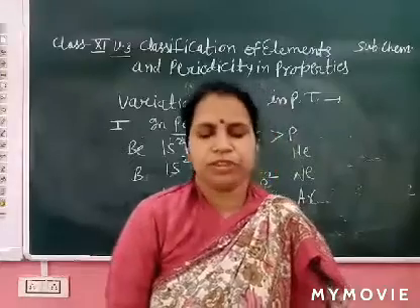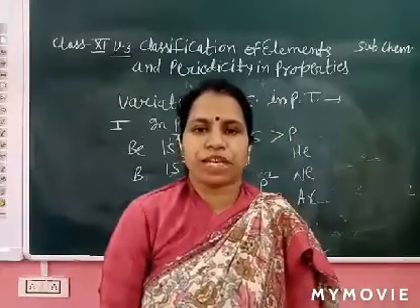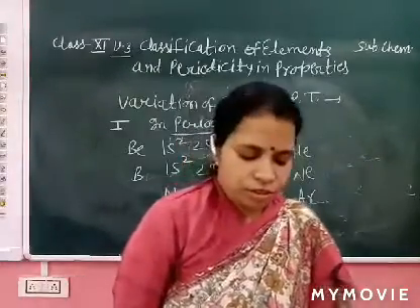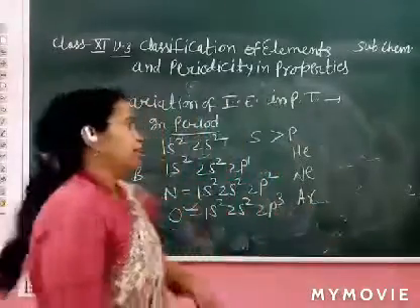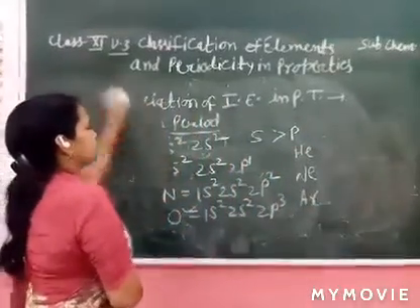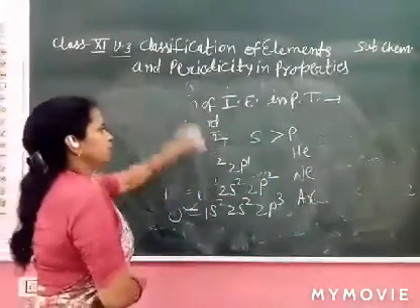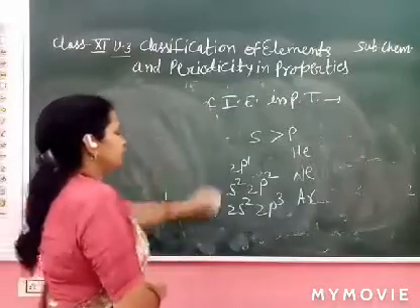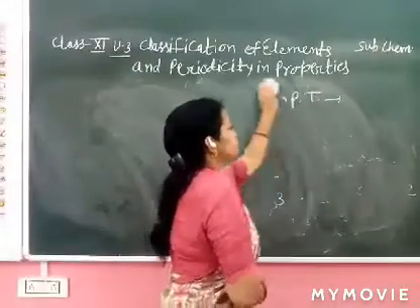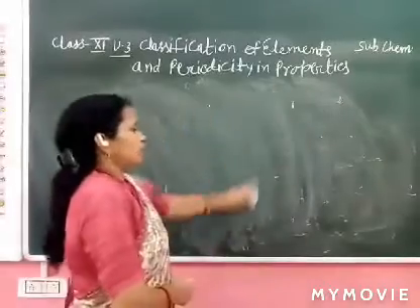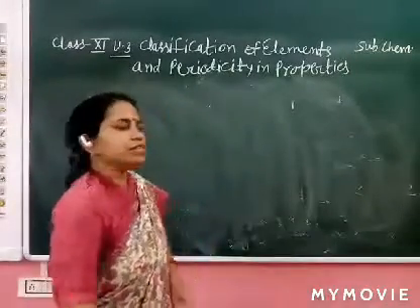Now, what happens in a group? Second point: variation of the ionization enthalpy in a group. In general, from top to bottom, the shell is increased and ionization enthalpy is decreased.